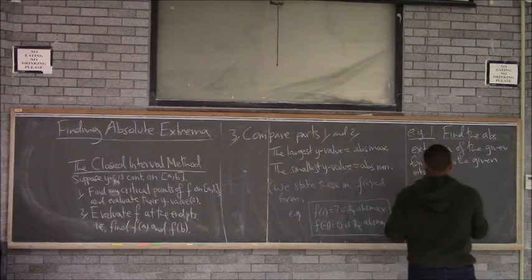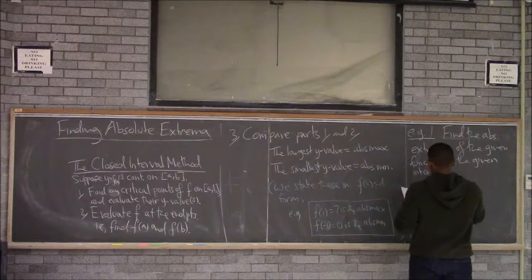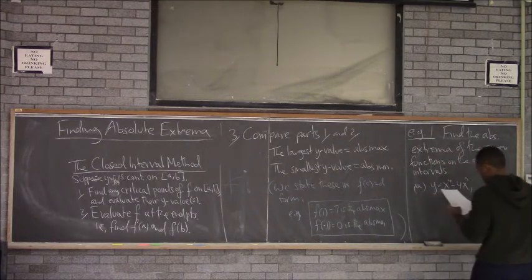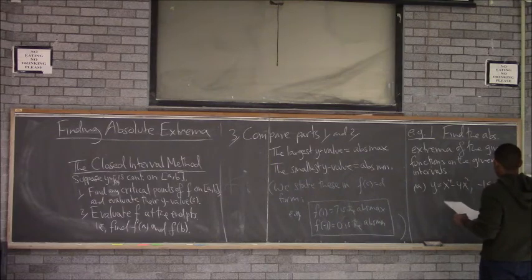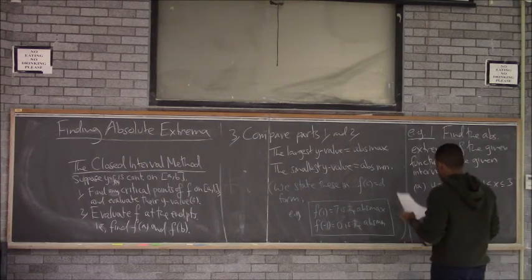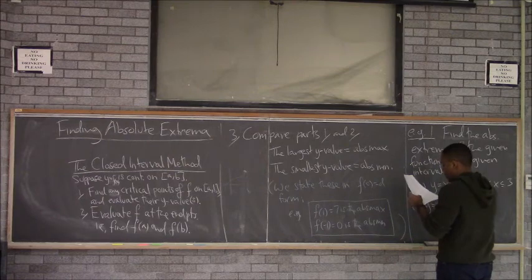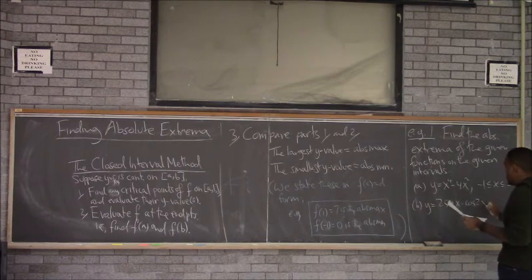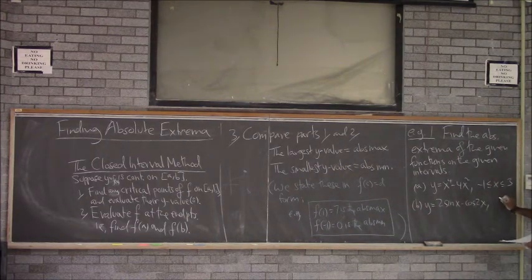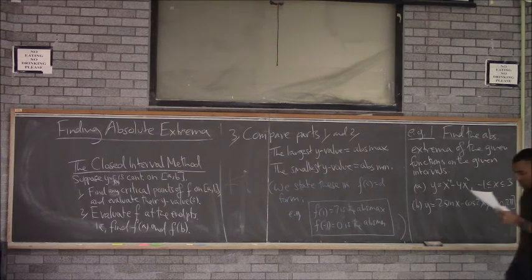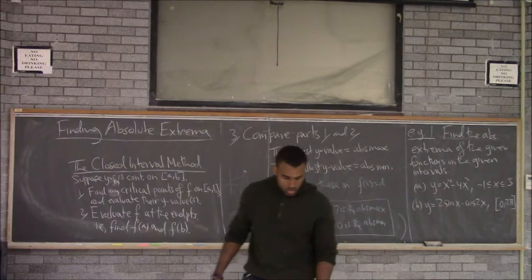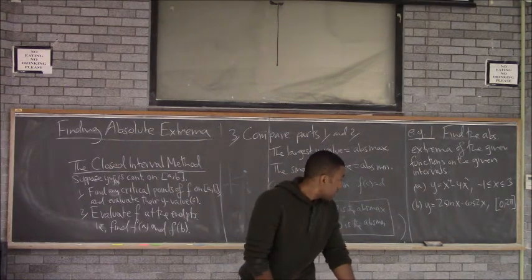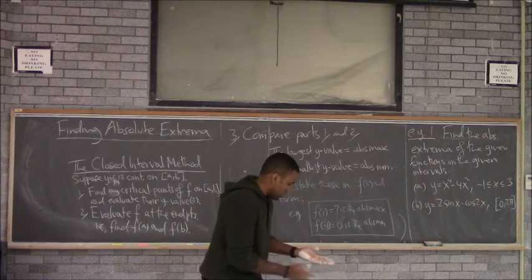I only did two, but try them. A, y equals x to the fourth minus 4x squared for x between minus 1 and 3. B, y equals 2 sine x minus cosine 2x for x between 0 and 2 pi. We'll stop there, make sure you try those.